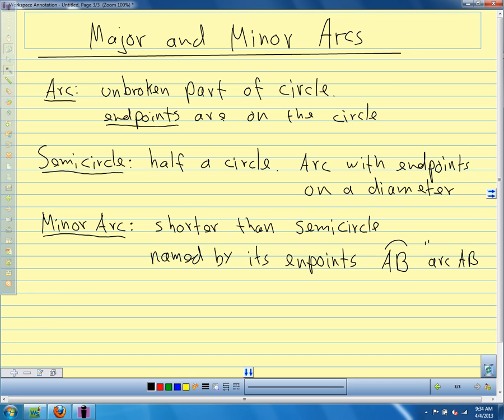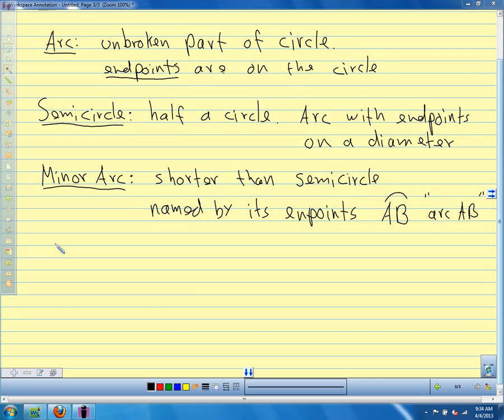So if a minor arc is smaller than a semicircle, what are you going to guess about a major arc? Larger than a semicircle, smaller than a whole circle. So I'm going to say longer than a semicircle.